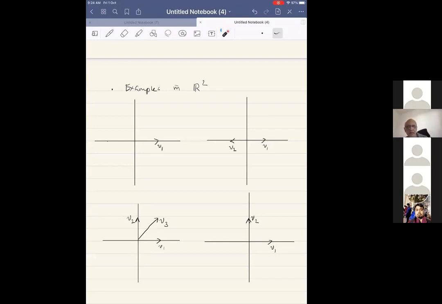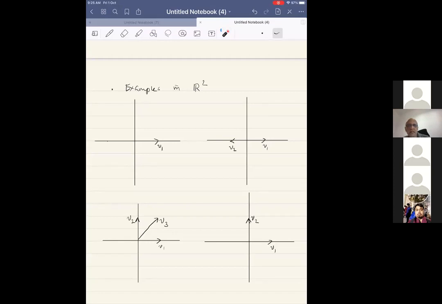Is the question clear to everyone? I've taken the vector space to be R2, which, according to our definition, consists of pairs of real numbers, usually denoted by (x, y). And I've given you 4 examples of subsets of R2. The first subset consists of one non-zero vector.